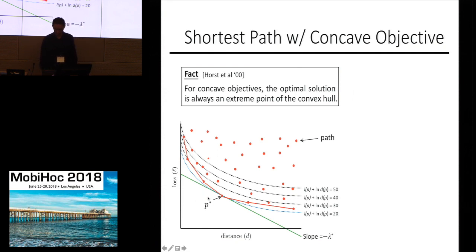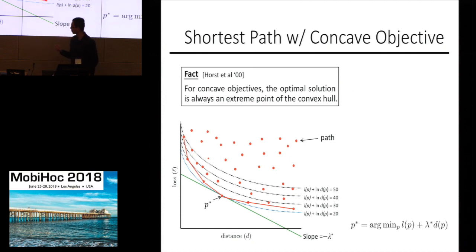So with this idea, let's consider this P star, which is the optimal path. We can find that it actually minimizes some linearized objective. Looks like this. So in a linearized objective, I mean we can make the objective function from a concave function into a linear function. So it's a linear combination of the loss and the distance weighted by this parameter lambda star.